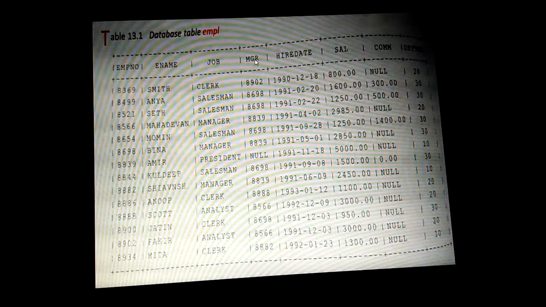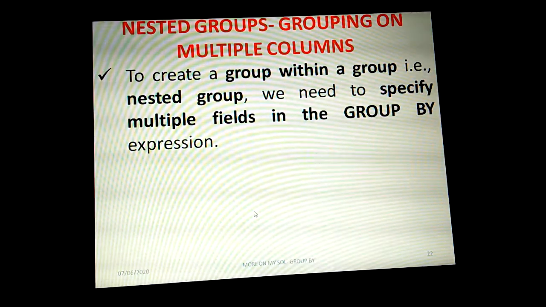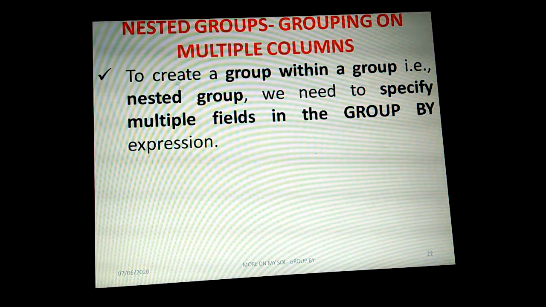Here the non-group field is MGR. So the first record of the group with department number 10 has the value null in MGR, for 20 it is 8902, and for 30 it is 8698. Only those values are going to be displayed.